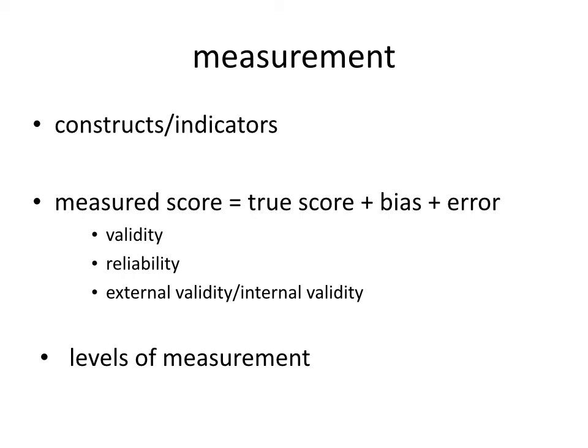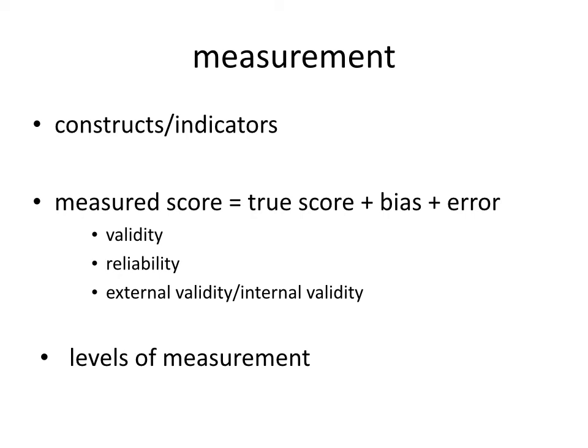External validity and internal validity are terms that will come up particularly in experiments, but also in questionnaires, surveys. External validity is used to describe the ability of, this has less to do with the measure than the sort of research design.